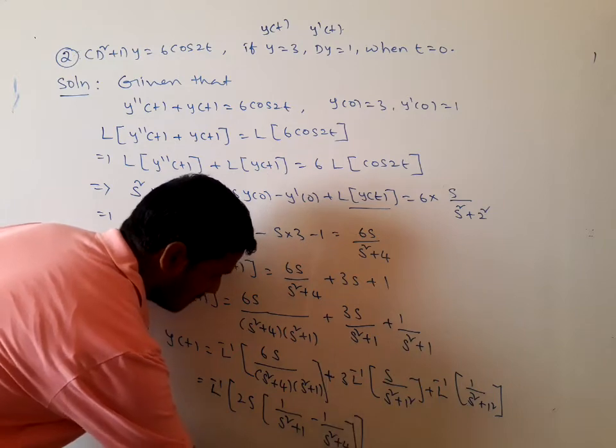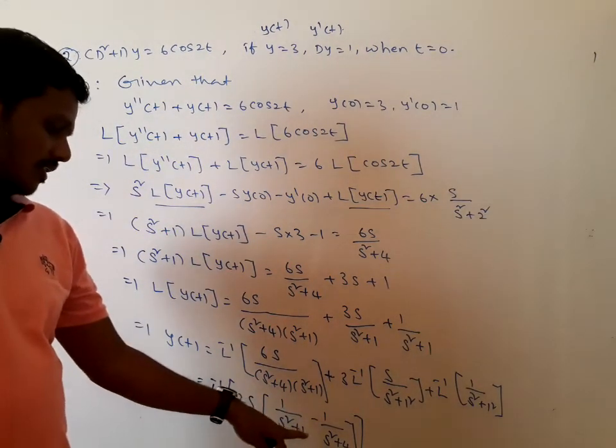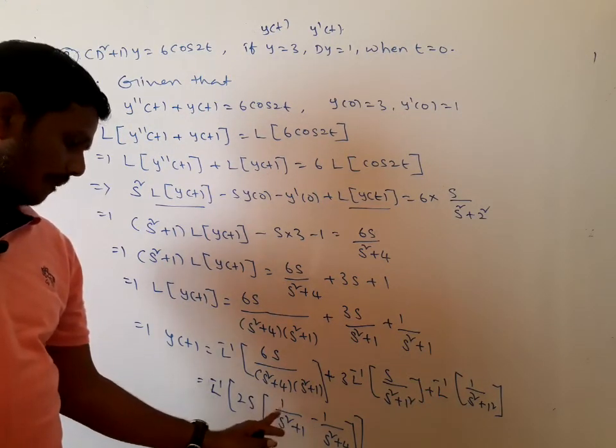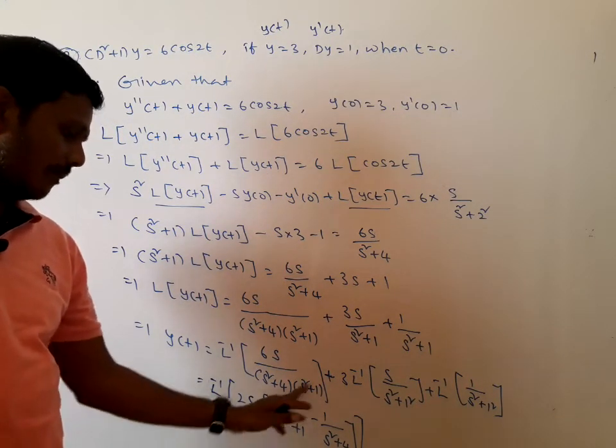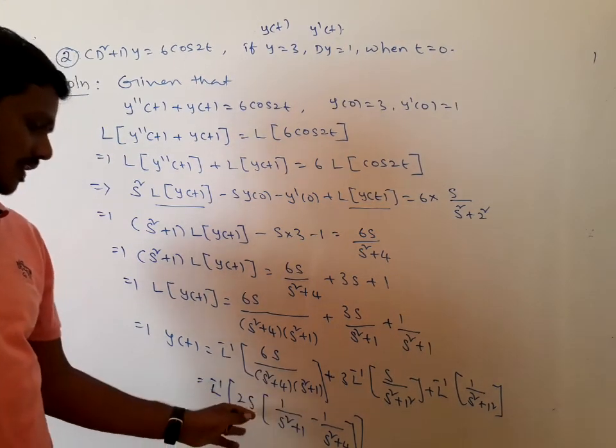Is it clear? (s square plus 1)(s square plus 4) is the LCM. s square plus 4 minus s square minus 1, 4 minus 1 is 3. 3 into 2 is 6s.